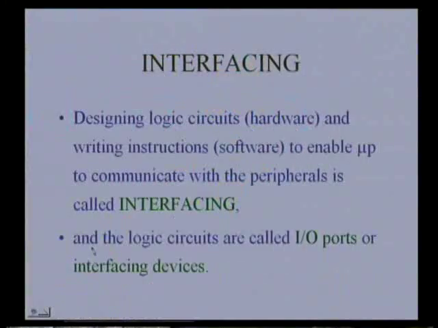And we also need to write some instructions into special interfacing devices. They are called programmable interfacing devices. The logic circuits are called I/O ports or interfacing devices. The other name for interfacing devices is I/O ports too.